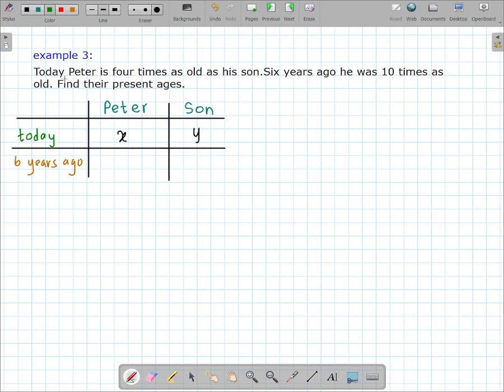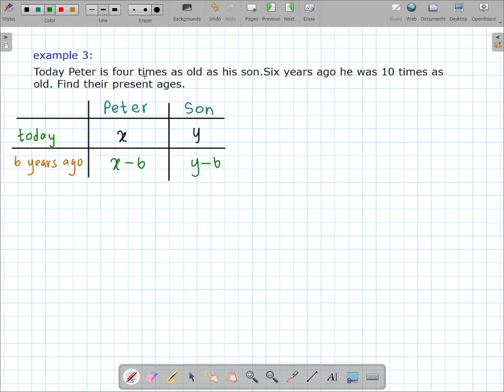Then 6 years ago, it is x minus 6, son's y minus 6, 6 years ago. Then we have to form two equations using what they have given.